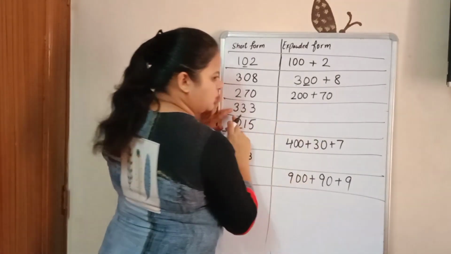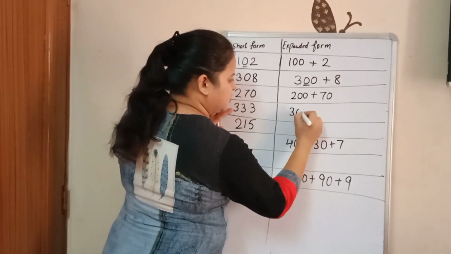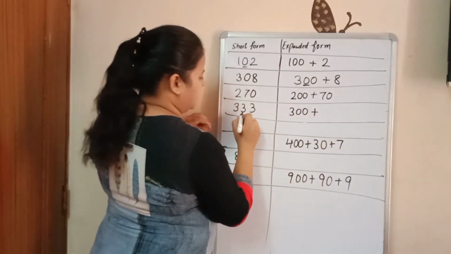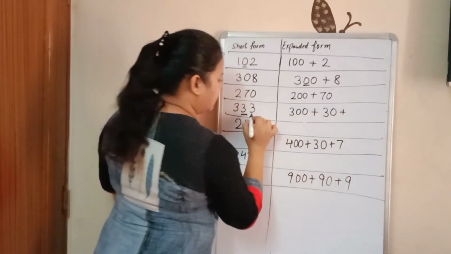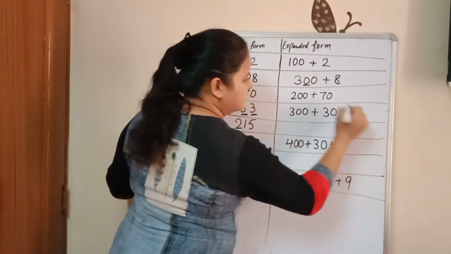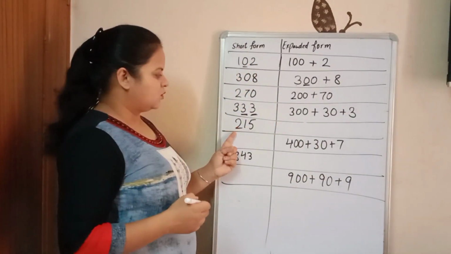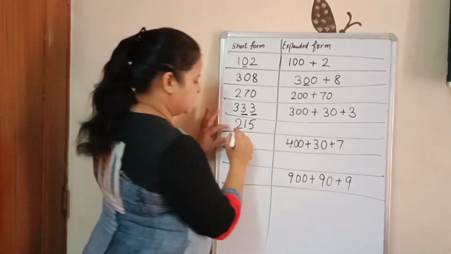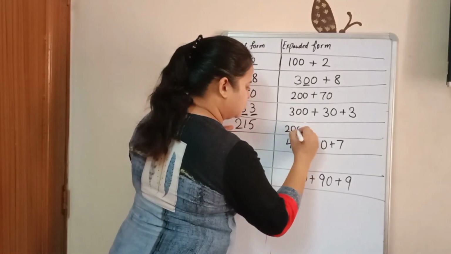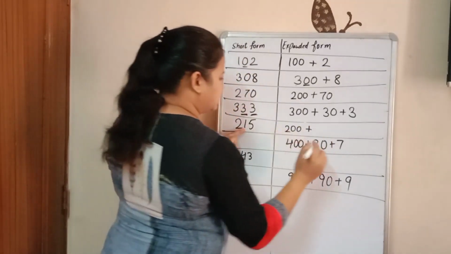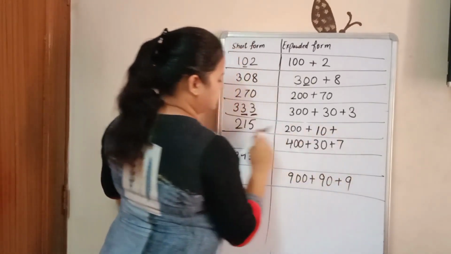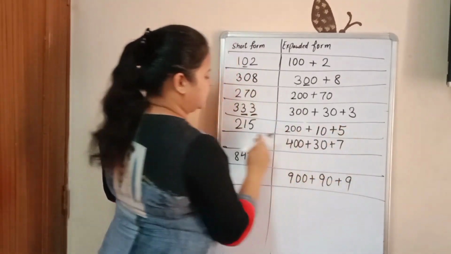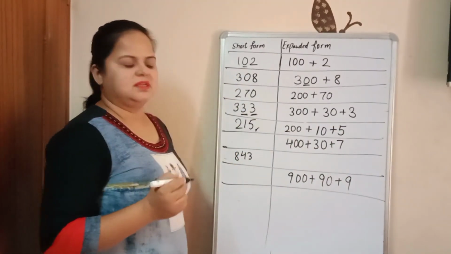First 3 is placed on hundreds place, so 300, plus another is placed on tens place, so 30, plus the third one is on ones place, so it is 3. Now 215. First 2 is 100, so 200, plus 1 is on tens place, so we will write 10 here, plus only 5 because it is placed on ones place.